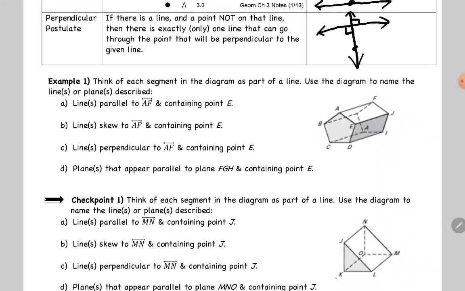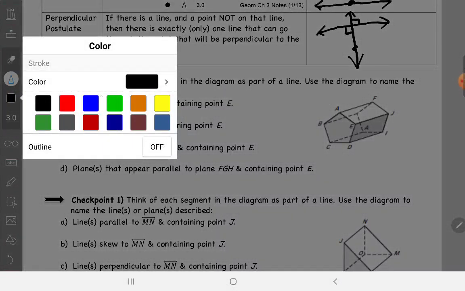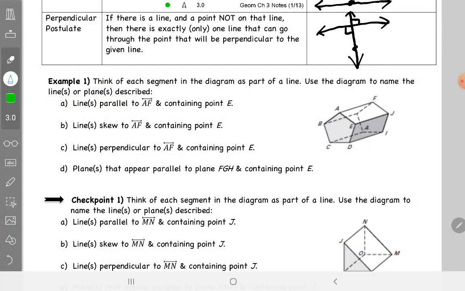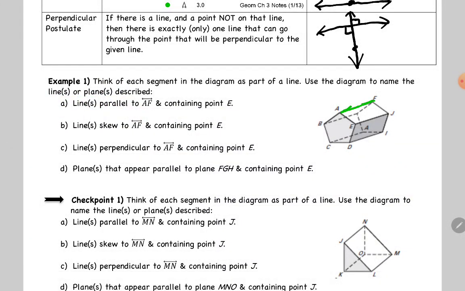Alright, example 1. Think of each segment in the diagram as part of a line. Use the diagram to name lines or planes described. So lines parallel to AF. Let me put that in a different color. So green, AF. So we're looking at that line there.